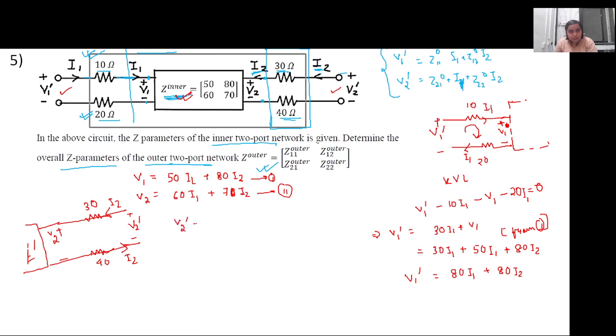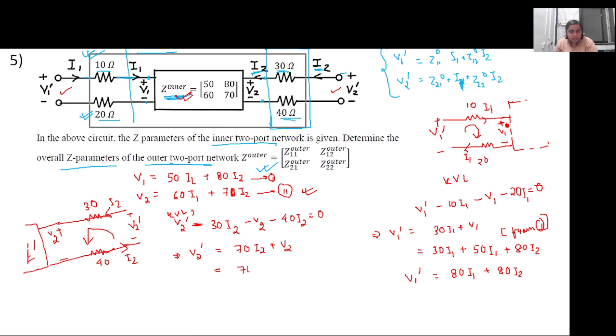So if we apply KVL in this particular loop, V2 dash minus 30 I2 minus V2 minus 40 I2 will be equal to 0. So V2 dash is 30 plus 40, 70 I2 plus V2, and V2 we can substitute from equation 2.